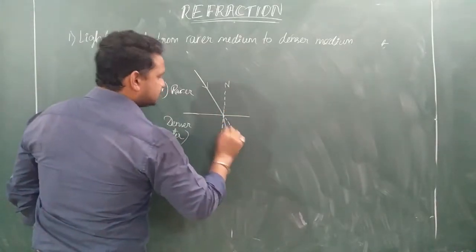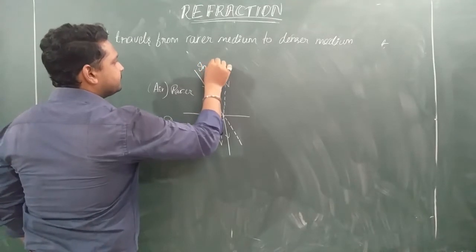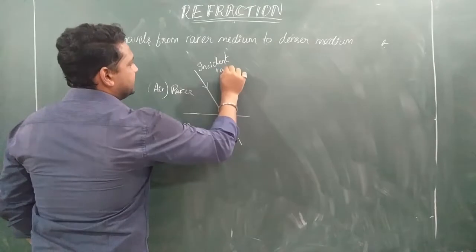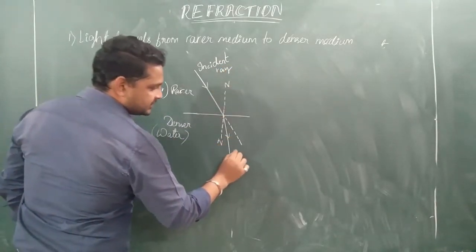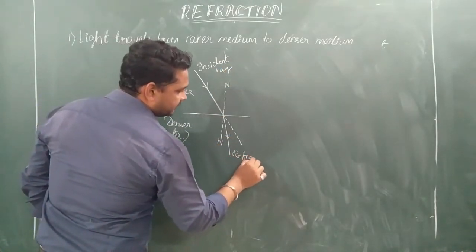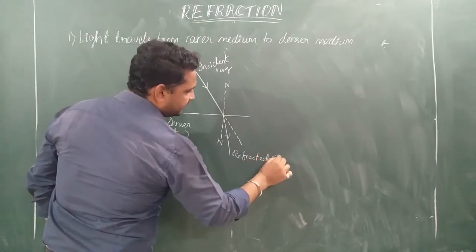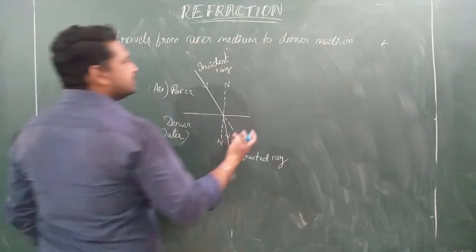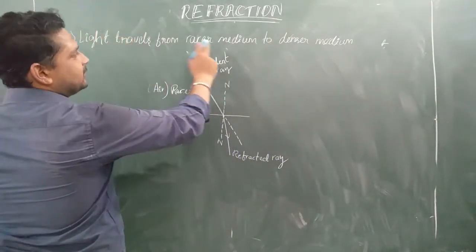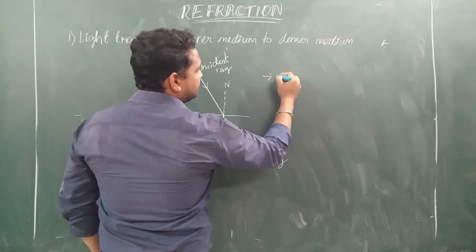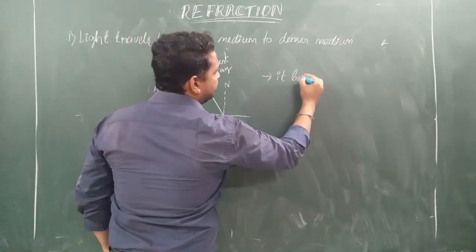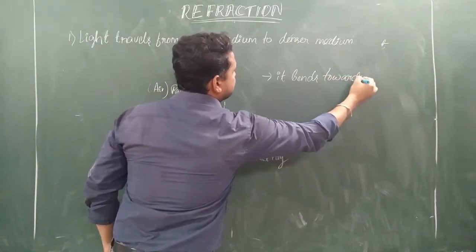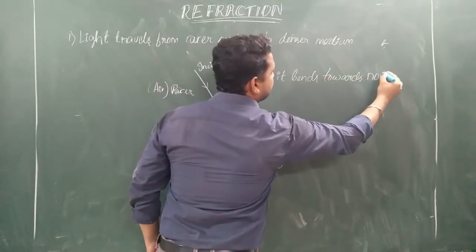So this is the incident ray, and after refraction, this ray we are getting is the refracted ray. So when light travels from a rarer to a denser medium, it bends towards the normal.